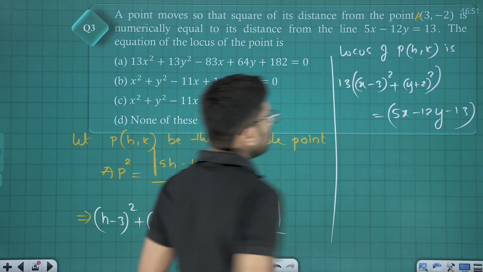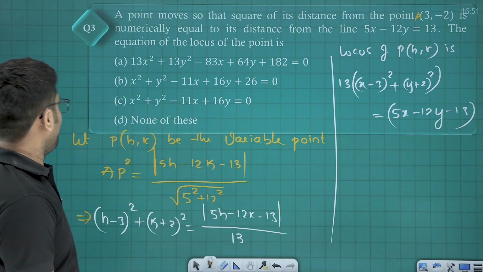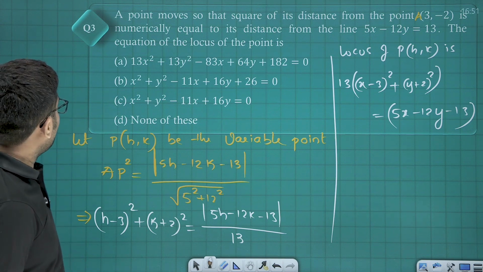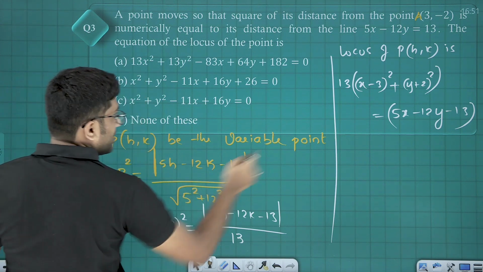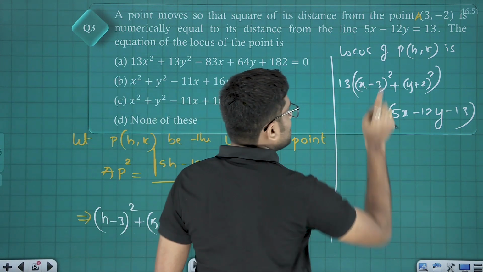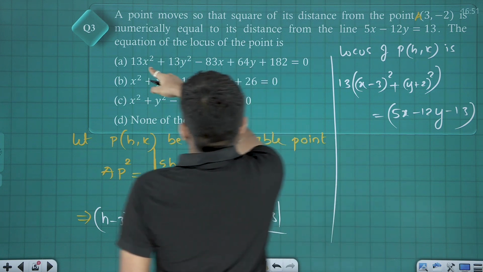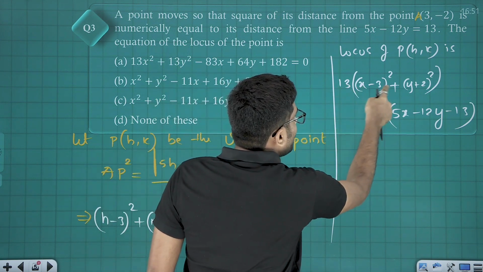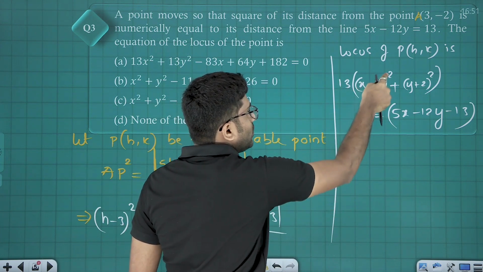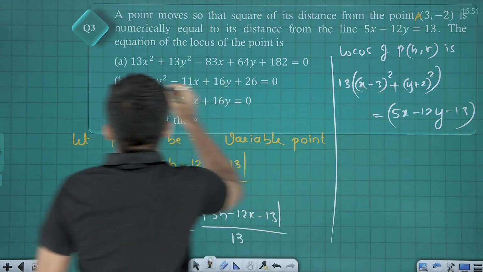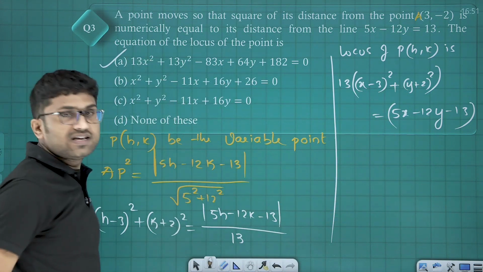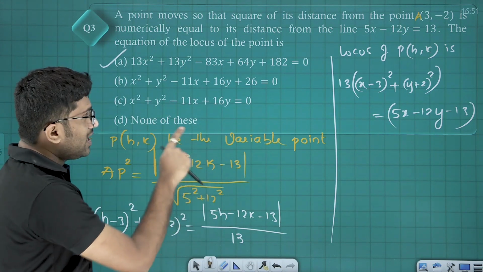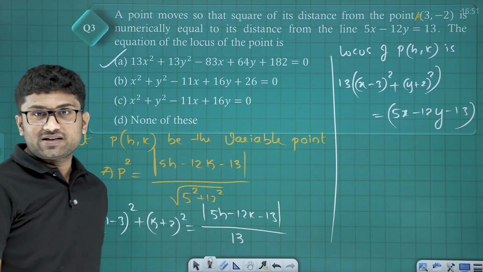So this will be the locus of the required point. If we simplify this, we will be getting 13x square. When you expand this, you will be getting 13x square plus 13y square. This is the only option which has 13x square and 13y square. Hence, option A is the required answer.